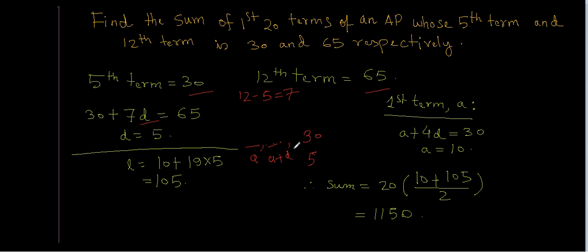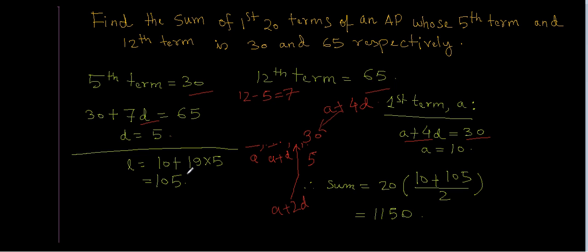Similarly, the next term will be a plus 2d. So the fifth term will be a plus 4d. That is what I have done here. a plus 4d is equal to the fifth term, that is 30. From there we can get the value of the first term, that is 10.